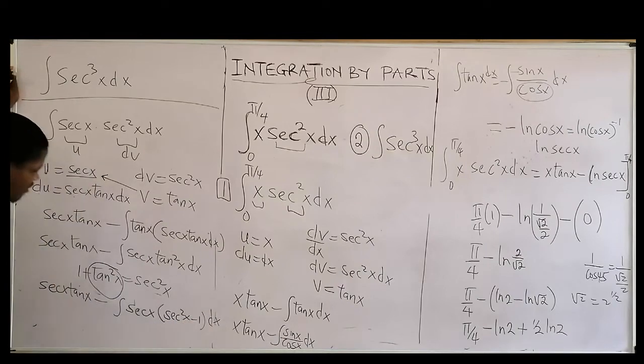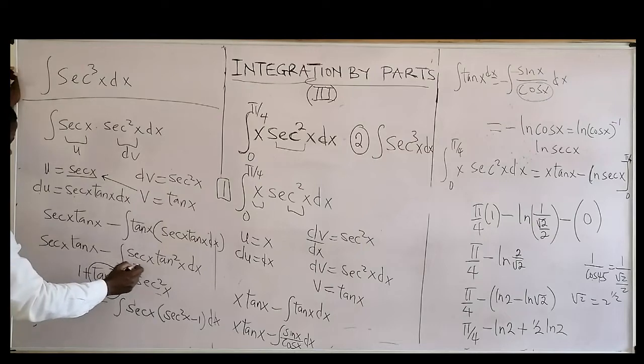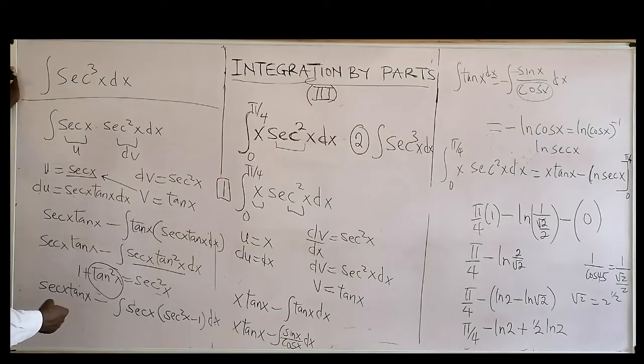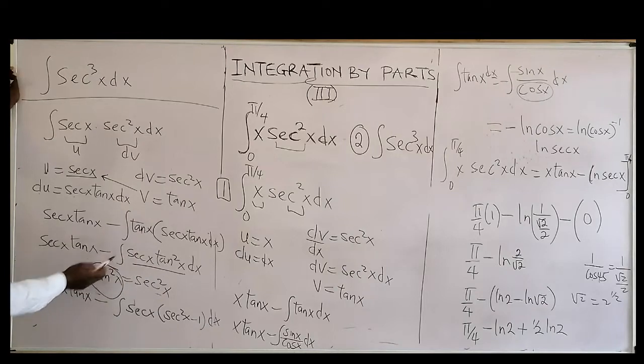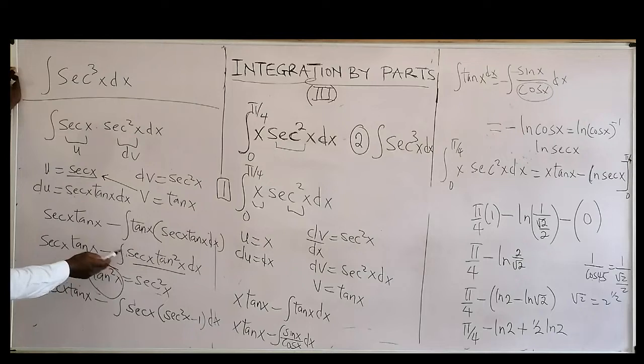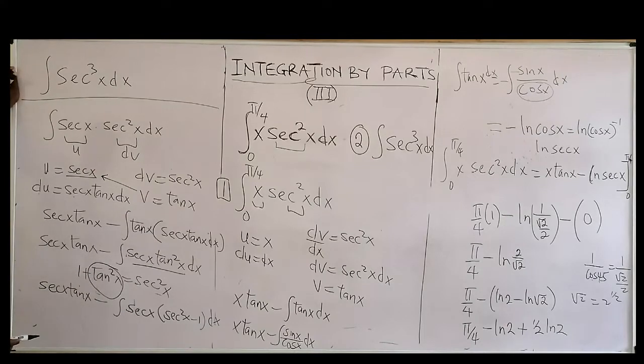What we are trying to do is ensure that all of this is in sec. It's more convenient to change this one to sec than the other, since that would bring a square root. I don't want a square root, so this is better.